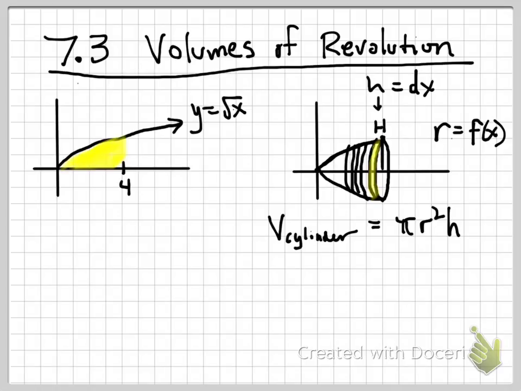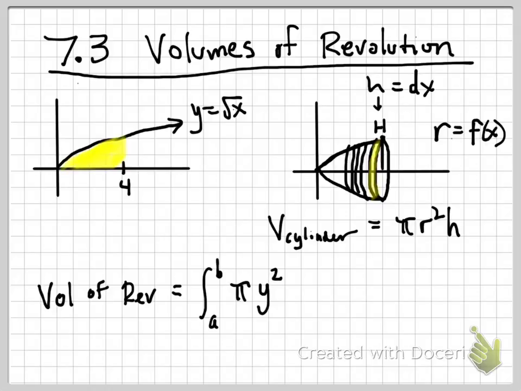Okay, so our volume formula to find a volume of revolution is going to be equal to the integral from a to b, starting point to ending point, of pi times whatever the function value, which is really going to be our y value squared, dx.